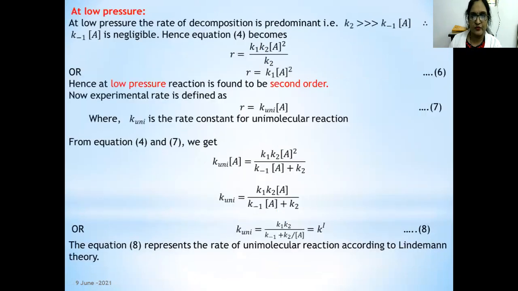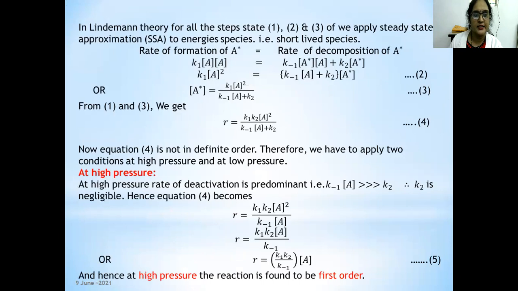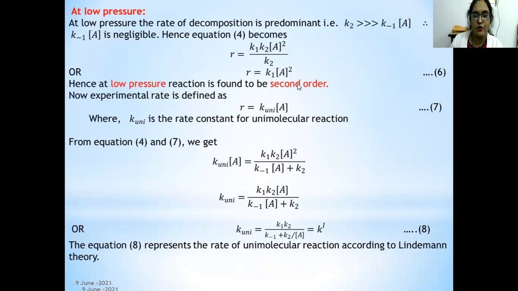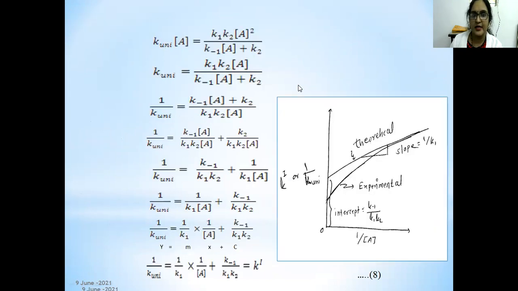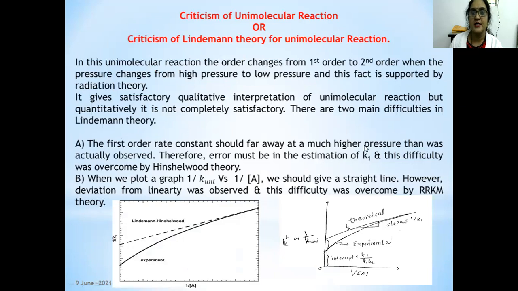At high pressure, it is first order; at low pressure, it is second order. So the order changes from first to second order when the pressure changes from high to low. This fact is supported by the radiation theory.